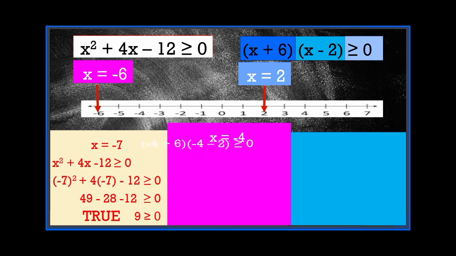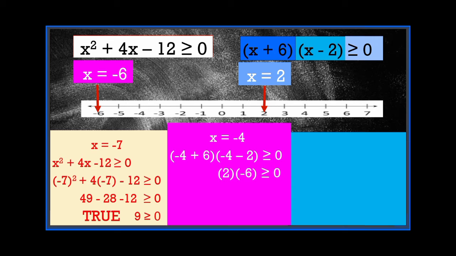So, we have now negative 4 plus 6 multiplied by negative 4 minus 2 is greater than or equal to 0. And if we are going to simplify negative 4 plus 6, the answer is positive 2 and negative 4 minus 2 is negative 6.